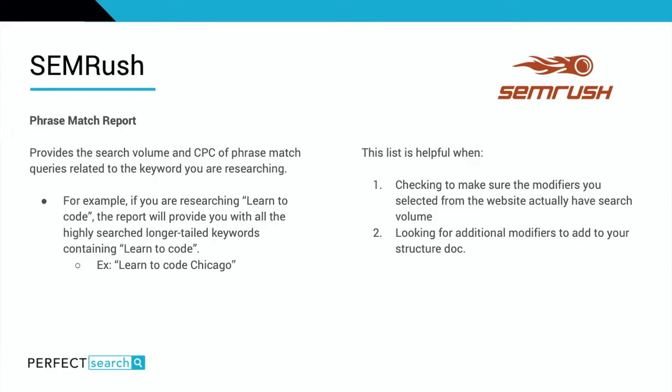But in the phrase match report, it'll always include that phrase that you type in. So this is super helpful when we're trying to discover what sort of modifiers we should be using within our keyword build, and then also figuring out what sort of search volumes there are for those different phrases.